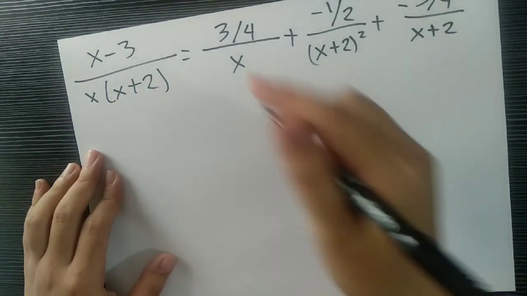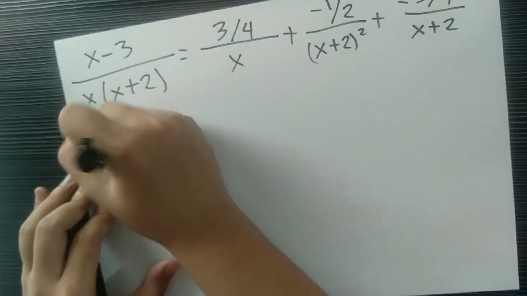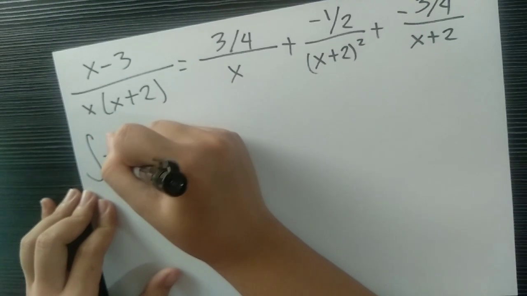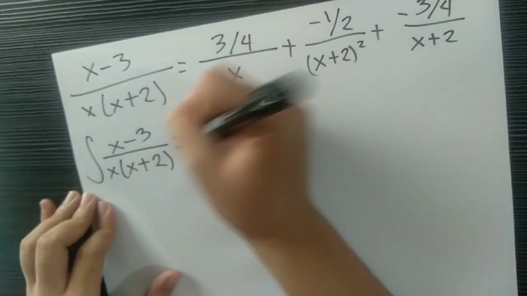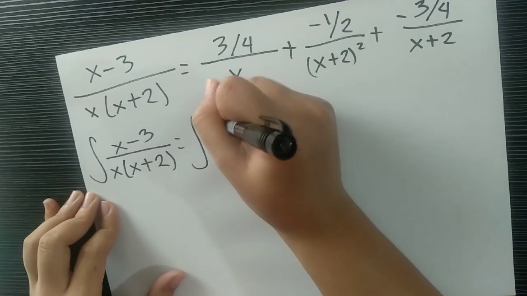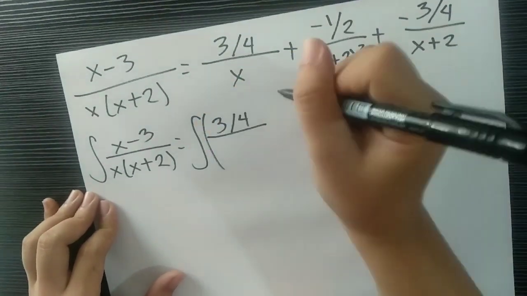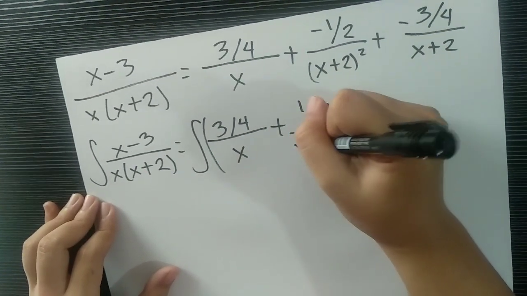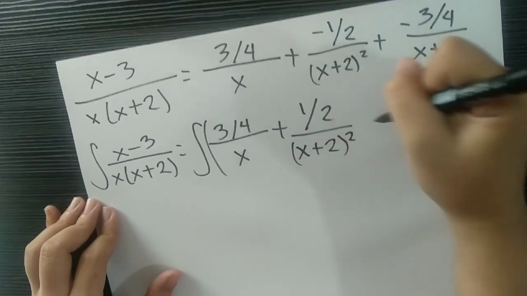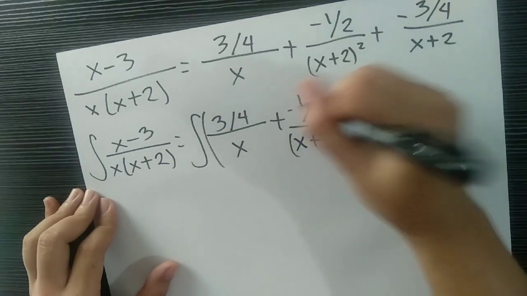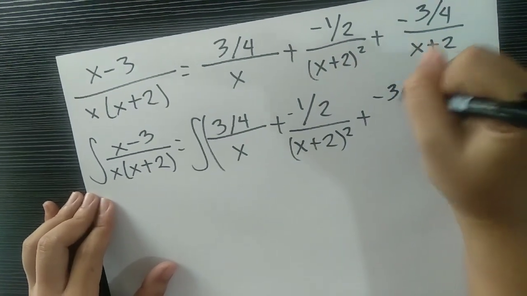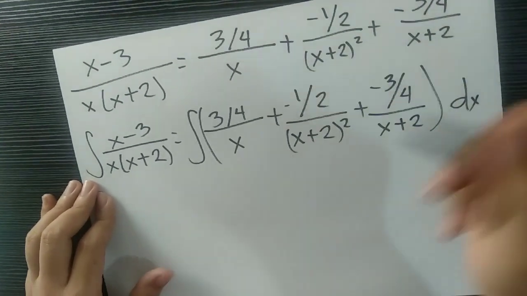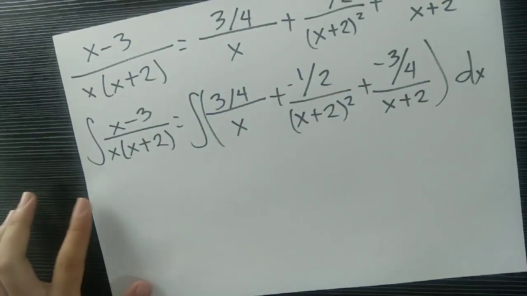Now let's integrate this equation. So that's the integral of (x + 3) over x times (x + 2) squared is equal to the integral of 3/4 over x, plus negative 1/2 over (x + 2) squared, plus negative 3/4 over (x + 2), dx. So let's find the integral of this equation.